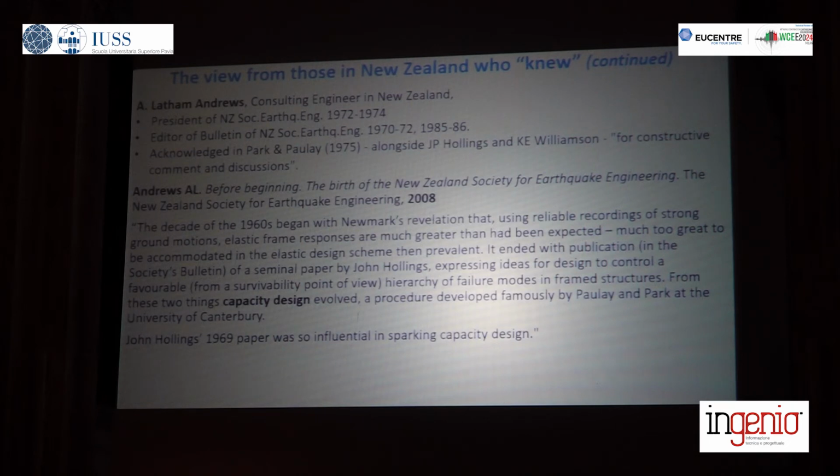Let me repeat some of the part of the quotation by Andrews, because it gives a feeling of the importance that New Zealanders gave to the contribution of John Hollings.